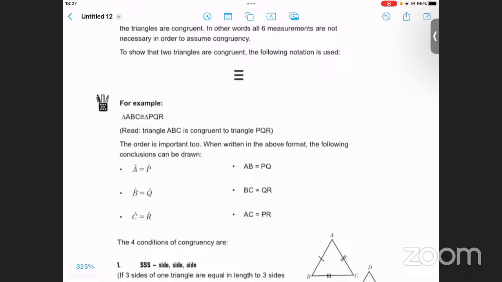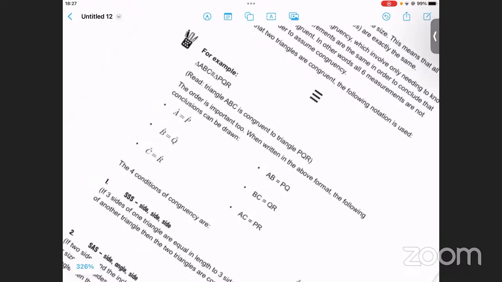This is simply how you should read it: this is the sign for triangle, ABC, and this is the sign for congruency.